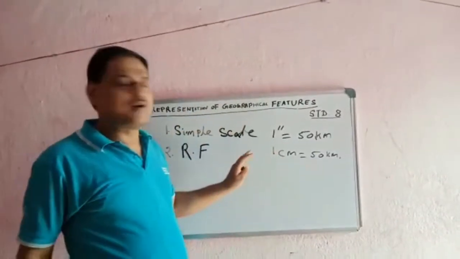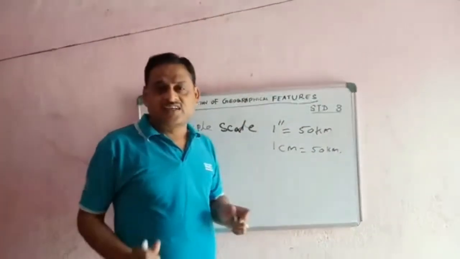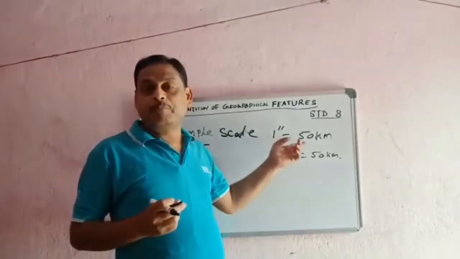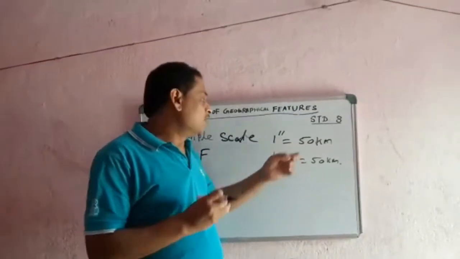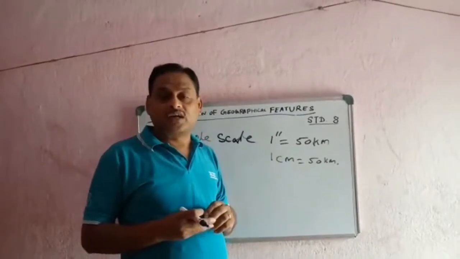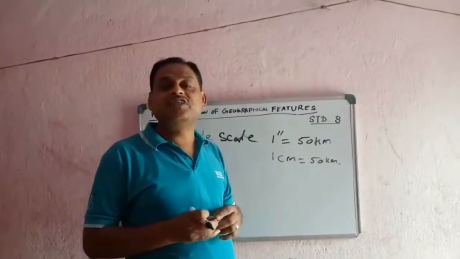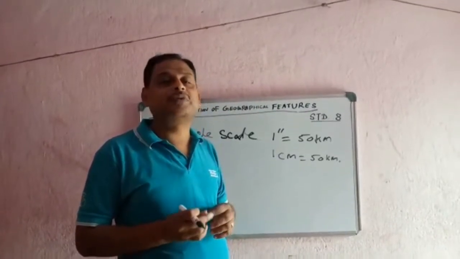This is an example of simple scale. It means that 1 inch measured on the map represents 50 kilometer on the ground. This type of scale representation visually looks very similar to representative fraction.